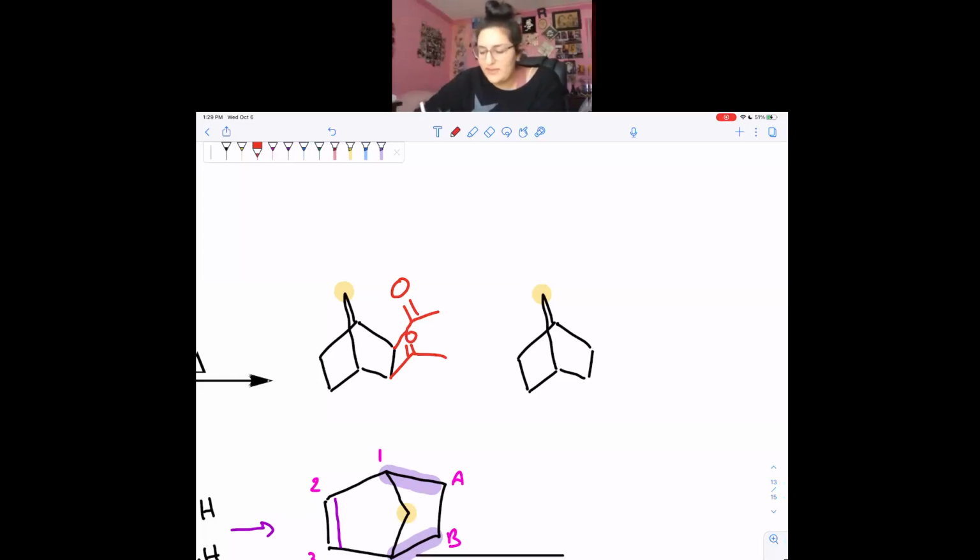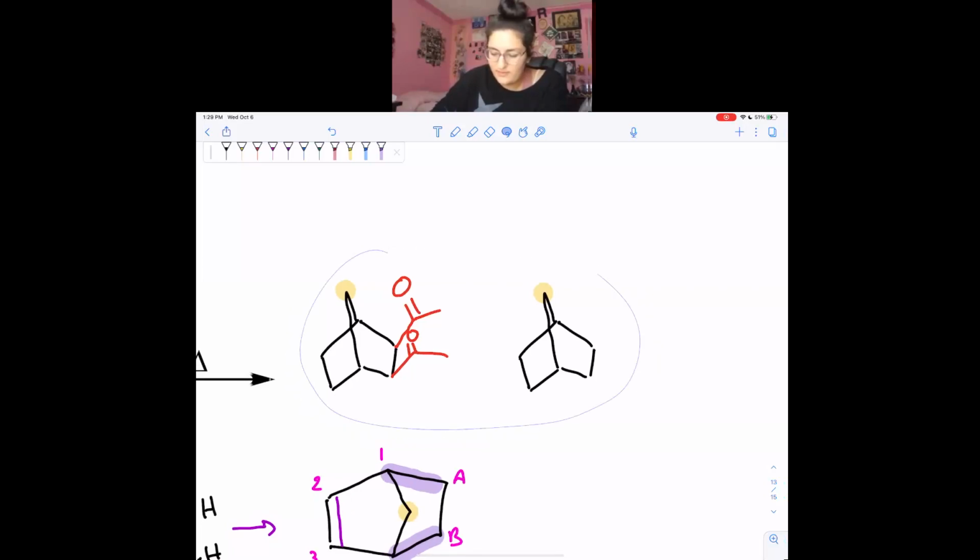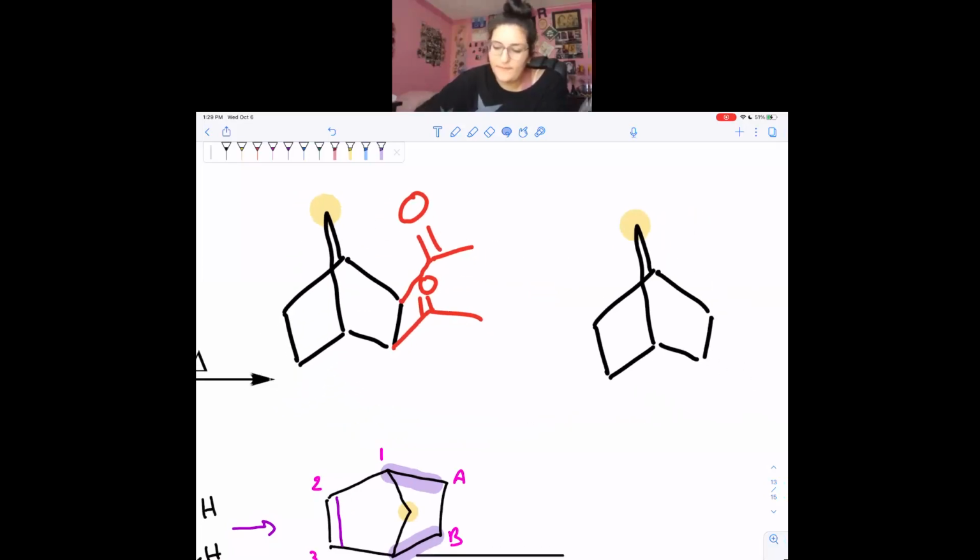If it's pointing down, and I'm actually going to make this a little bit bigger because it's hard to draw on, it's going to look like that. And so why is this important? Because we have a double bond right there.